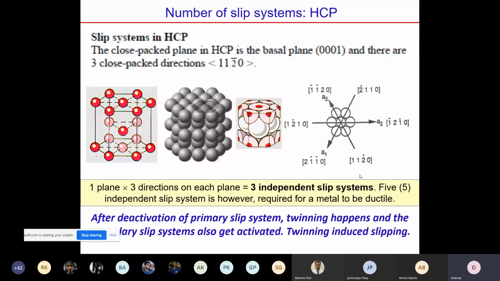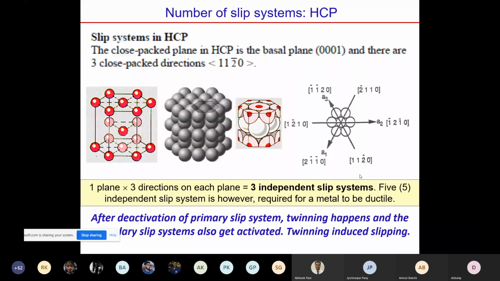So similarly, in HCP, on one basal plane, how many slip directions lie? 3, right. Yes.